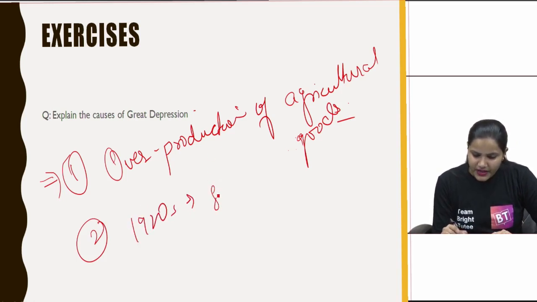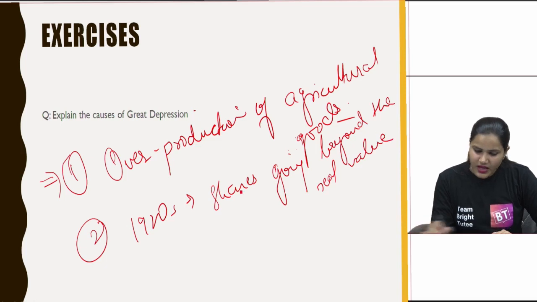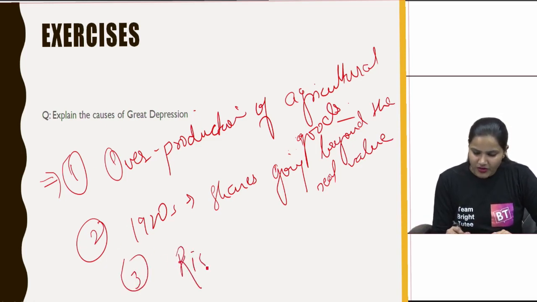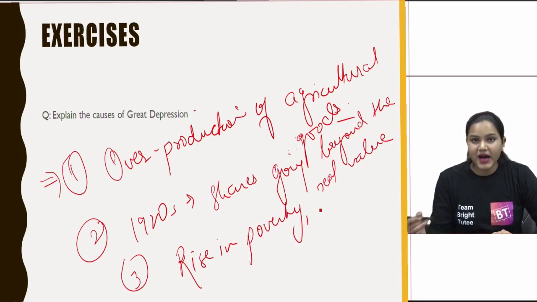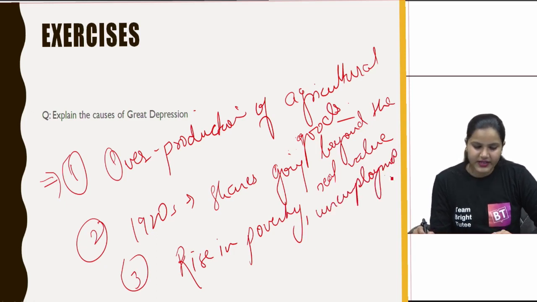In the 1920s we see the prices of shares going beyond the real value in America. How did it impact? Apart from that, rise in poverty and unemployment since the banks and businesses were closed. These were some of the factors that led to the Great Depression.